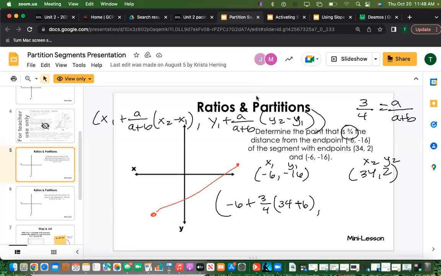Comma, and I'm gonna put this in a different color so you can actually see it. Y sub 1, which is -16, plus 3/4, times y sub 2 minus -16.